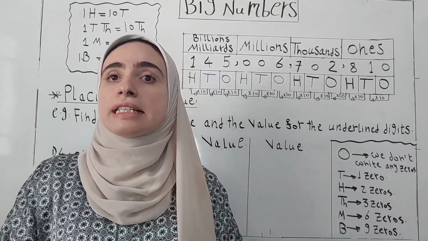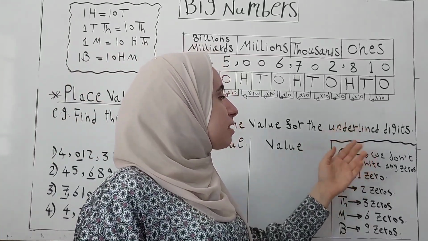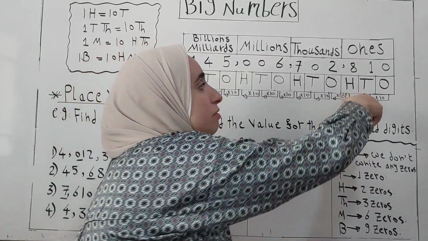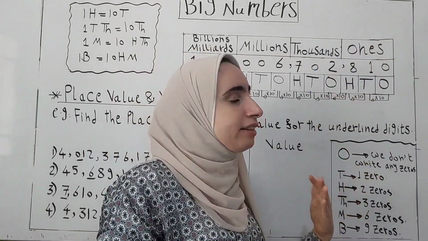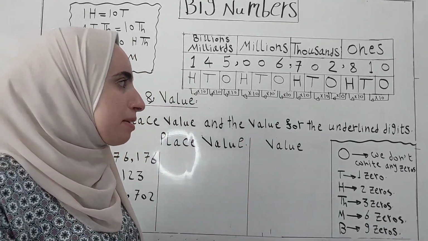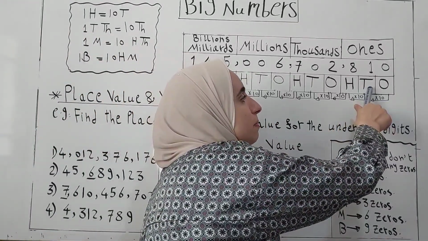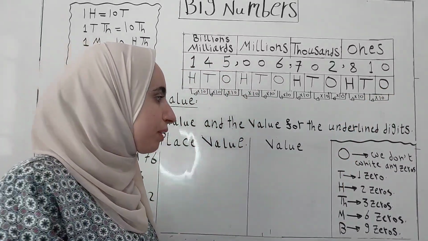To write the value of any digit, we write the digit as it is and replace the digits in the last places with zeros. If the digit is in the ones place, how many digits before it? 0. So we don't write any zeros. If the digit is in the tens place, how many digits before it? 1. So we put 1 zero.